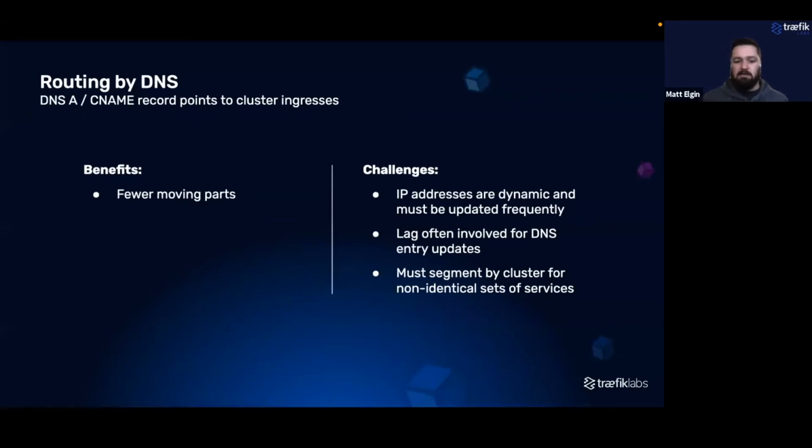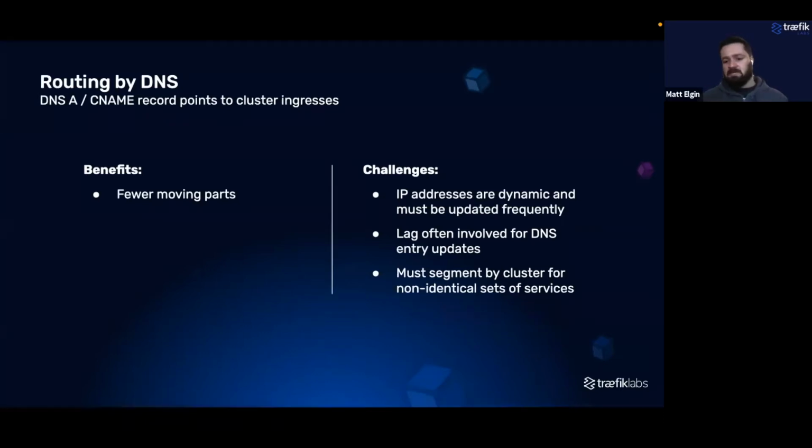If they're in the container world, they're updating frequently. And updating those through DNS can be problematic, especially when you start to account for the lag that can be associated with those DNS entry updates. It runs into reliability issues for being able to quickly update your configuration in your routing.